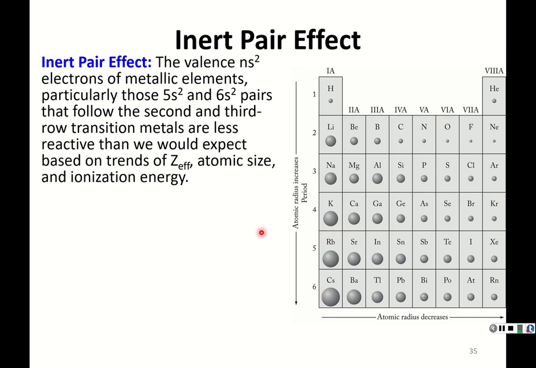Remember that things like lithium and sodium react very violently in water, and that trend is followed, but those electrons are less reactive in rubidium and cesium. So this really is taking effect in the transition element range.